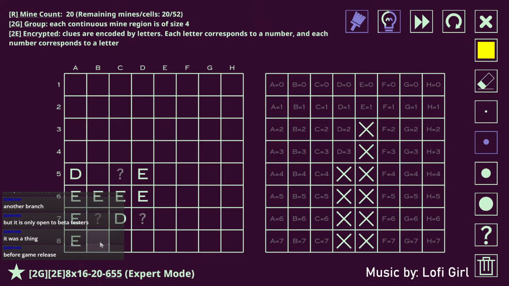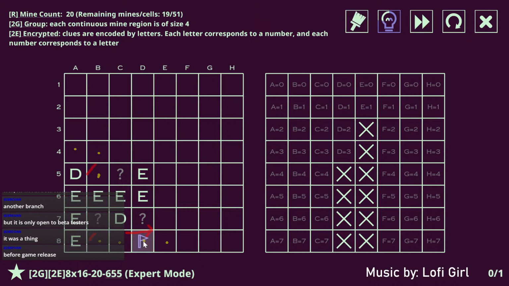If E was 1, then D is immediately at 3. But if E was 0, then D is at least a 1. So there must be some number of mines here extending outwards. This is always a mine, which always must have something going outwards there.